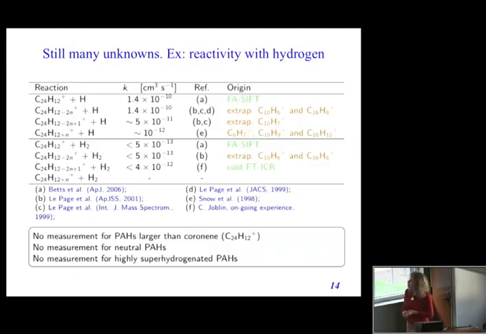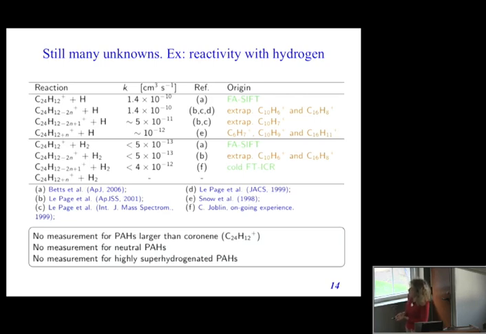The problem with this model, which is also the case for other models, is that there are many reactions that are poorly known. For instance, the reactivity with hydrogen. This is basically a compilation of what's available. And you see that there are no measurements for PAHs larger than coronene.